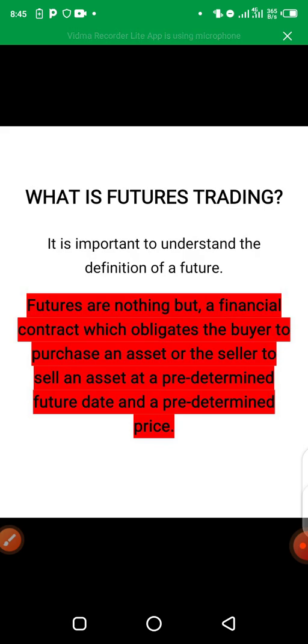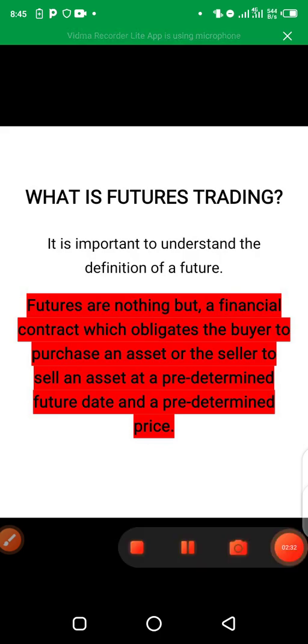If you already know and understand spot trading on Binance, then this video would be very easy to understand.